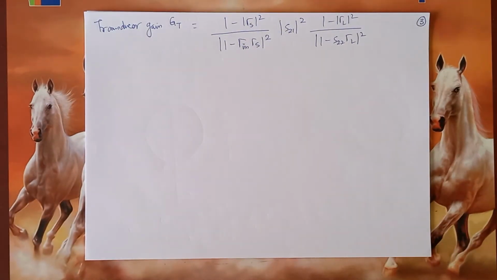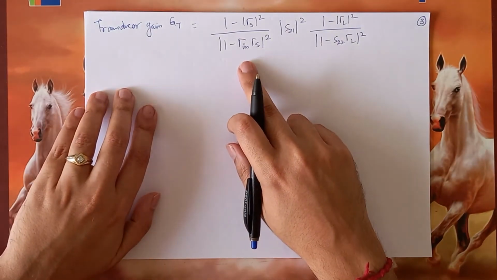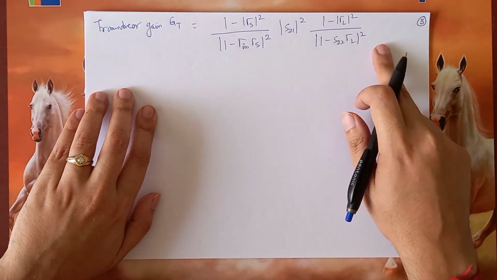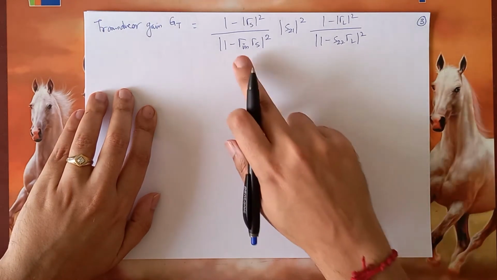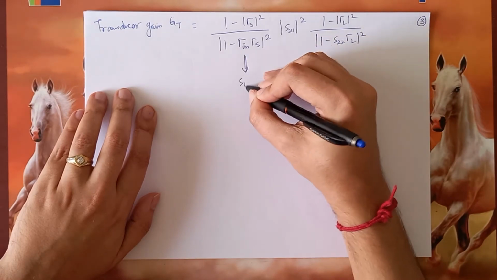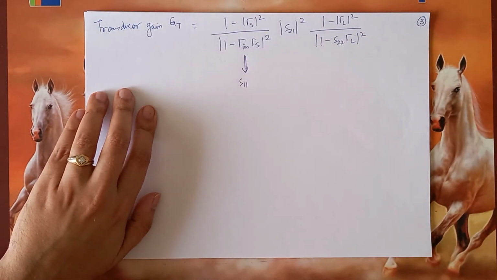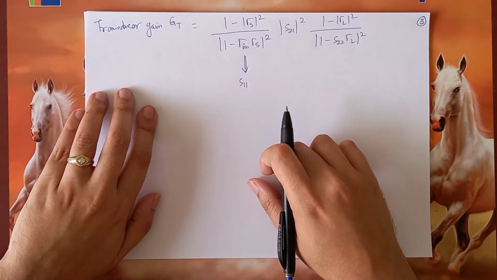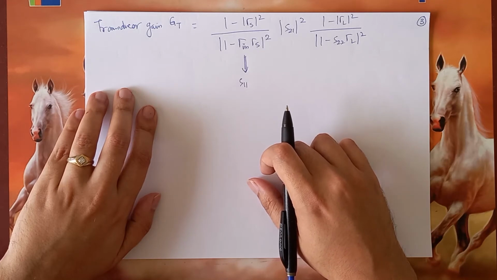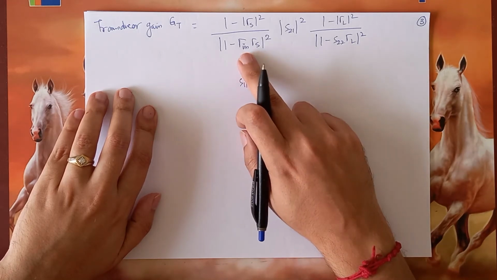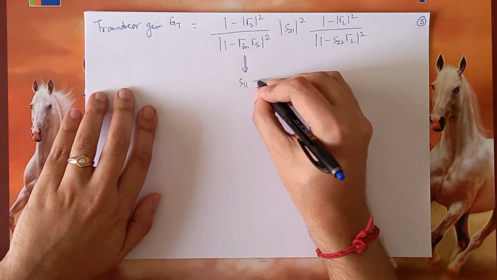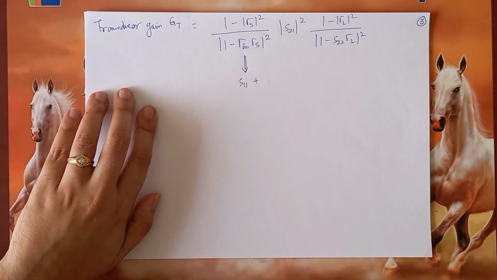Now, even though this is not a unilateral amplifier, suppose I make gamma in equal to S11 by assuming that it is unilateral, or rather I force that I will consider S12 tends to 0. Then obviously there will be some error. Normally gamma in is S11 plus some quantity.